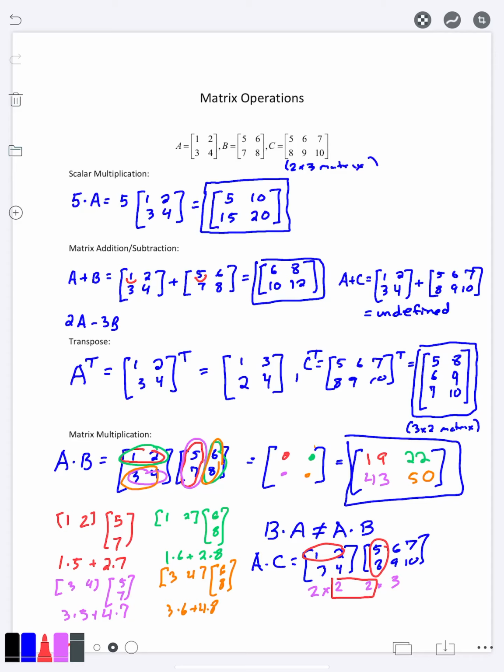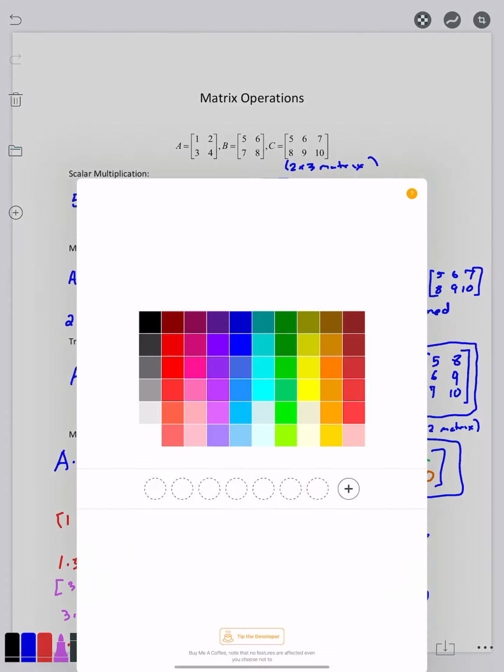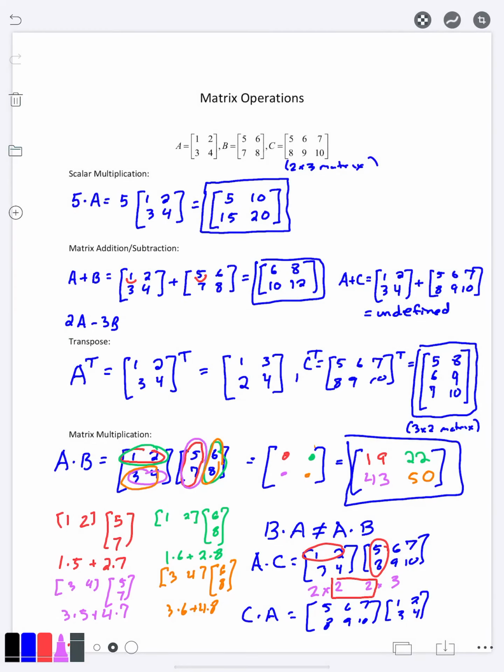So A times C, this will have an answer. But if you did C times A, then if you check those middle numbers there, you would have 2 by 3 and 2 by 2. These no longer match, and this is why if you take a row here and a column here, they don't have the same numbers. This would be undefined.